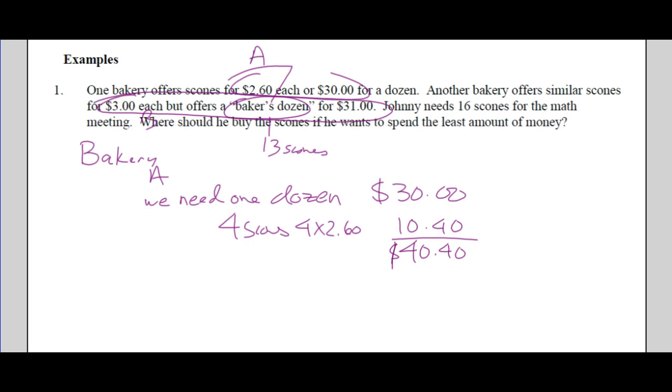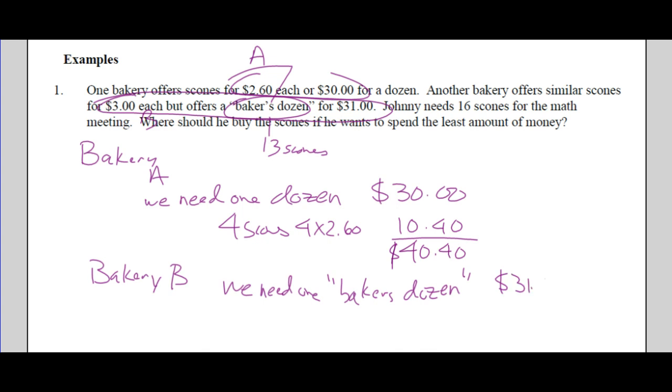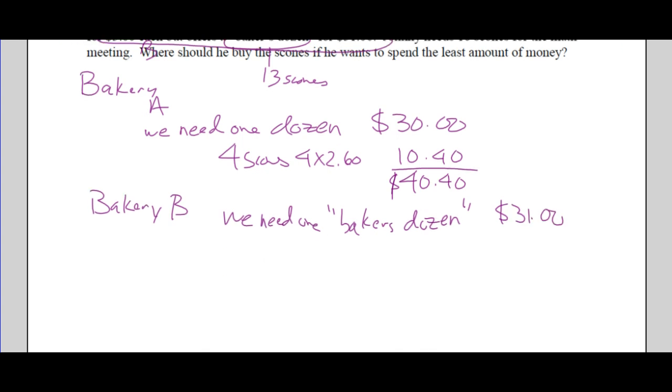Okay, that's bakery A. Bakery B, we need one baker's dozen, which will cost us $31. And then we need 3 individual scones, which is 3 times $3, or $9, for a total of $40.